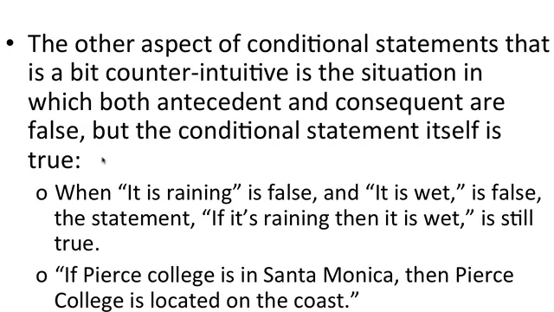Now, row 4, again, I mentioned, can feel a bit counterintuitive. But when we think about our ordinary ways of understanding false antecedents and false consequents, we typically come up with a true conditional. So if we say that it's false that it's raining and it's also false that it's wet, we would still say, if it's raining, then it's wet, is true because of the way that we think about what conditions would need to obtain for the sentence to be true.